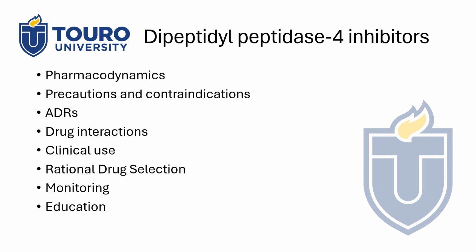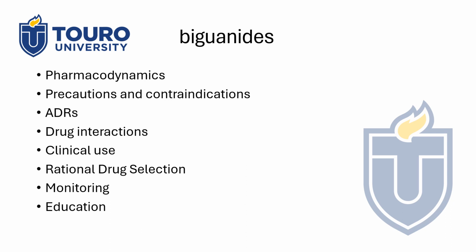of drug. Right, let's talk about biguanides now and what is going on with them. Why do they work? How do they work? They lower blood glucose levels by decreasing the amount of glucose your liver produces and releases into your bloodstream. So a little more in depth in the physiologic process.